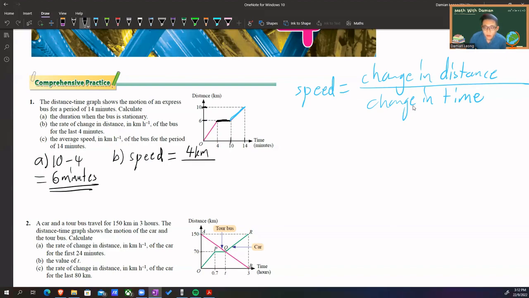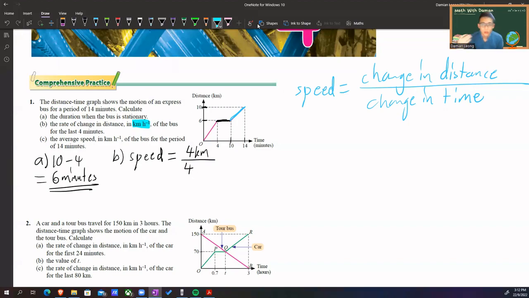If I only take 4 minutes, that would not be correct, because 4 km divided by 4 minutes will give you the unit in km per minute. But if you look at the question here, they specifically say km per hour.